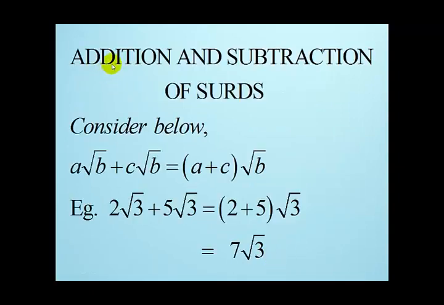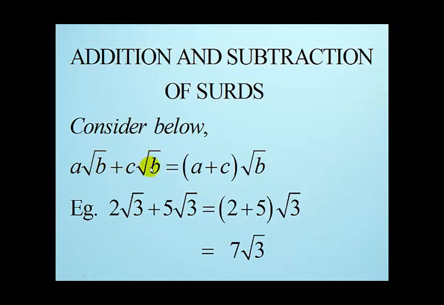Now we look at addition and subtraction of sets. Consider a root b plus c root b. Now we can see that a root b is a set, and c root b is also a set.